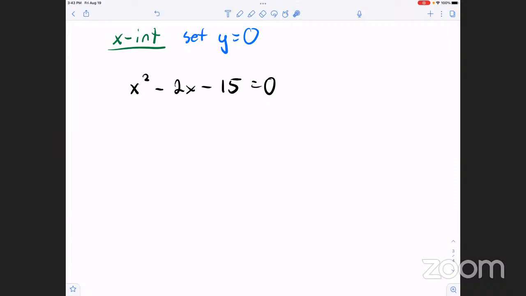Remember, this is in the form ax squared plus bx plus c equal to 0. It's a good habit to identify your a, your b, and your c. In our case, a is 1, b is negative 2, and c is negative 15. And it's a good habit to automatically multiply the a times the c.